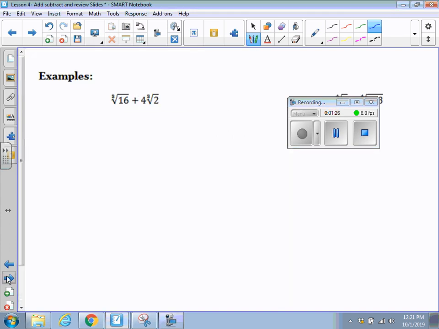So here we go. Our first example is the cube root of 16 plus 4 cube root of 2. First step is to simplify. So I'm going to simplify the cube root of 16. Well, I'm looking for 3 of a kind because the cube root. 16 is even. 2 and 8, 2 and 4, 2 and 2. I'm looking for 3 of a kind. I see 3 2's.